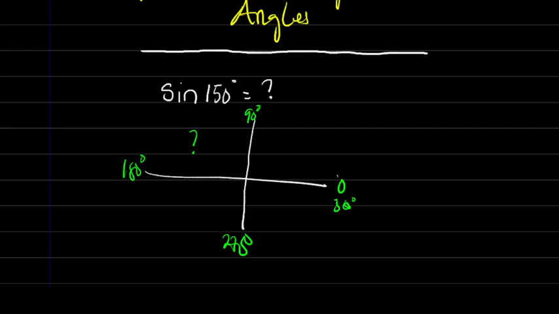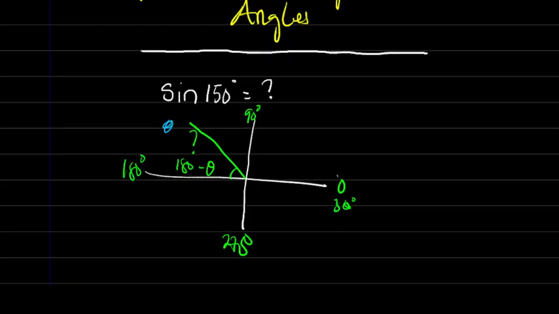To write sine 150 in the lowest form, don't forget that in this quadrant we have 180 minus theta. We have agreed that 150 lies here, because it is between 90 and 180 degrees.